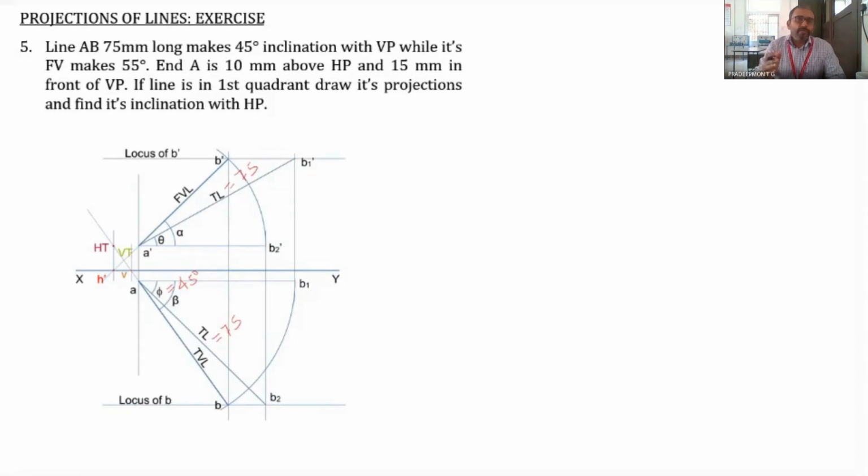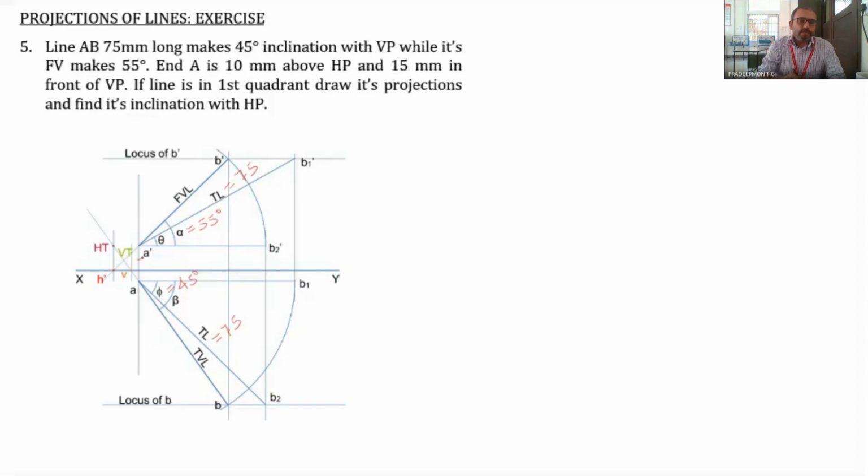While its front view makes 55 degree with the XY line, or the reference line, the inclination of the front view is alpha. So alpha is 55 degree. These are the three data that are given. And the end A is 10 mm above HP and 15 millimeter in front of VP.